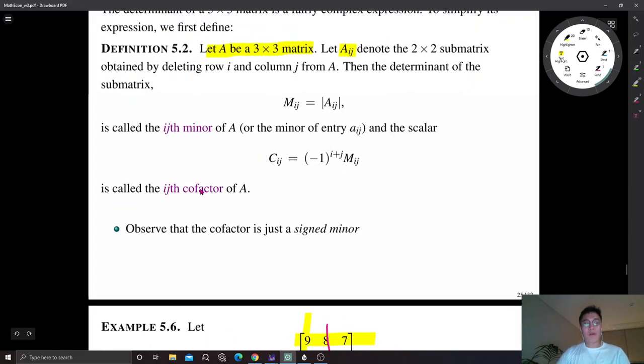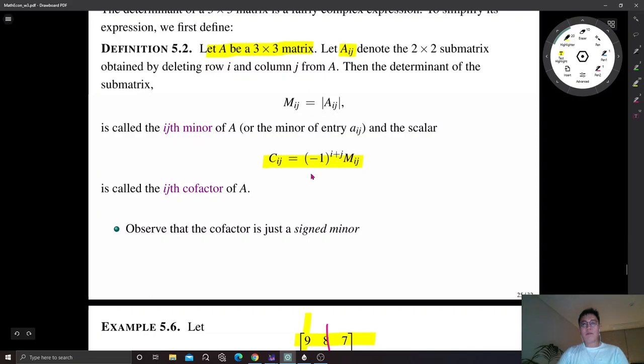And one more thing, cofactor. So the cofactor is defined as this. That is a multiplication of this number by the minor. The minor was the determinant of some matrix A sub ij, that is right here.